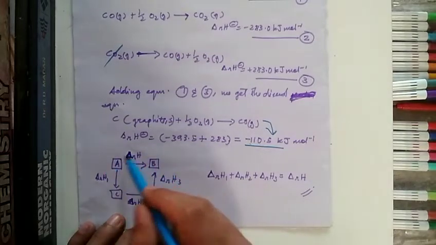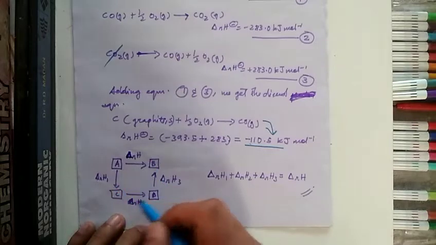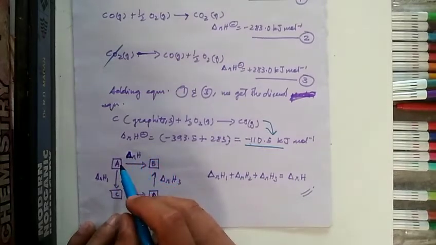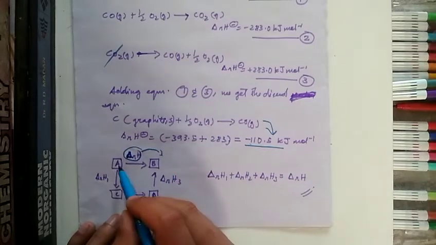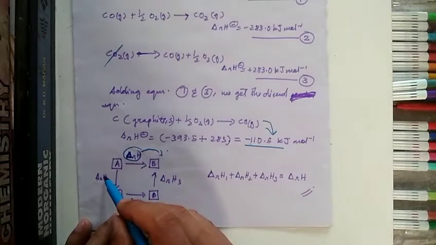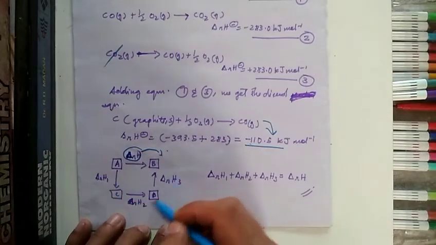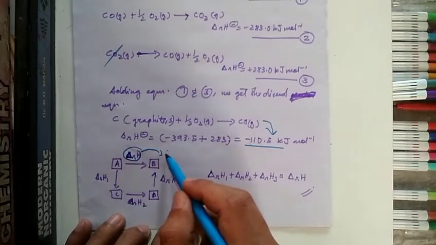So the sum of all these will be equal to this one, the value we are getting from A to B. Sum of all this will be equal to this one.